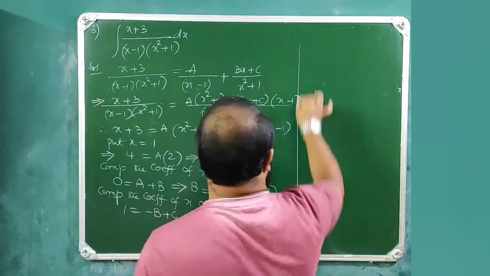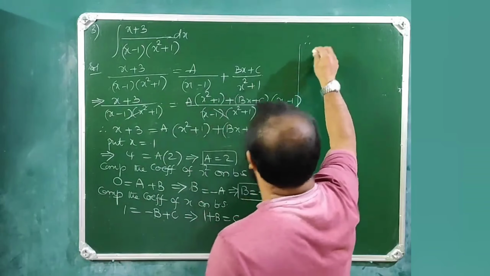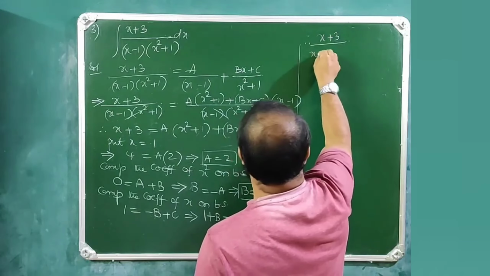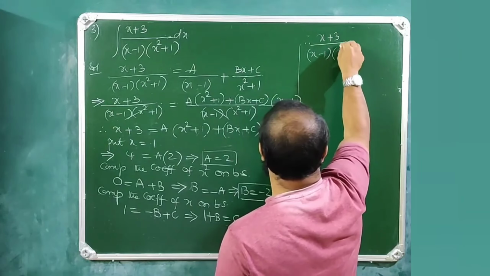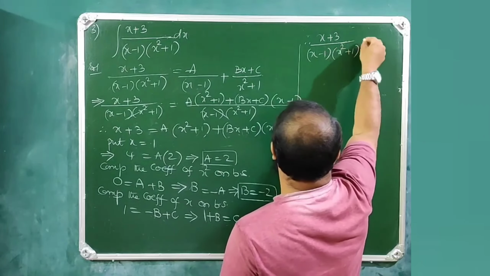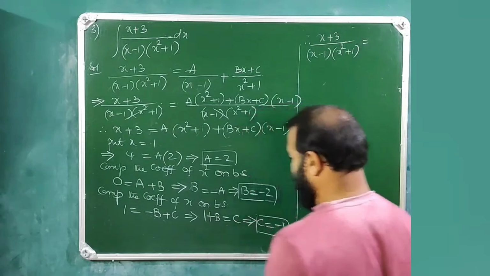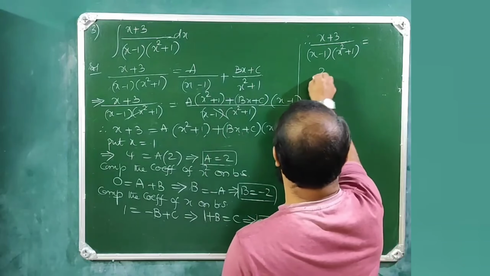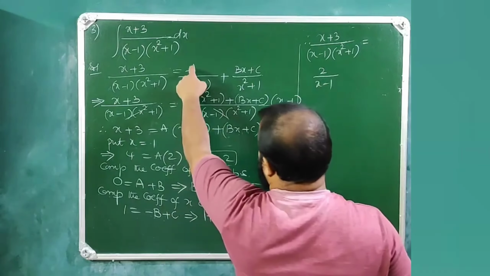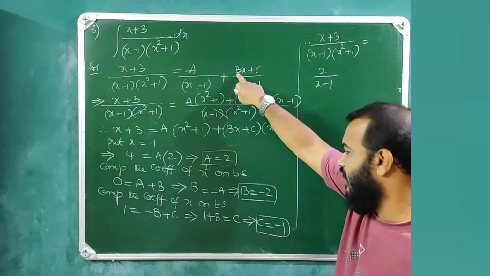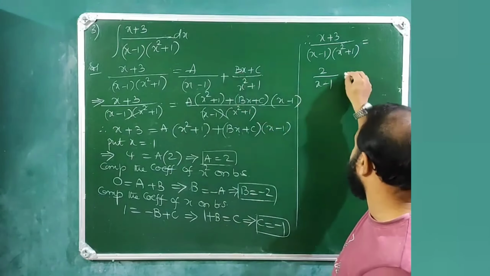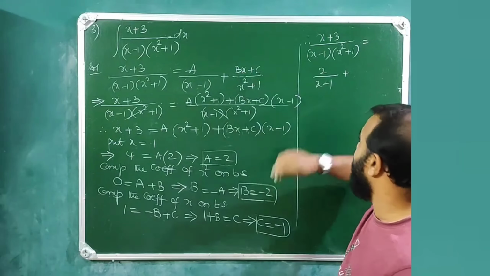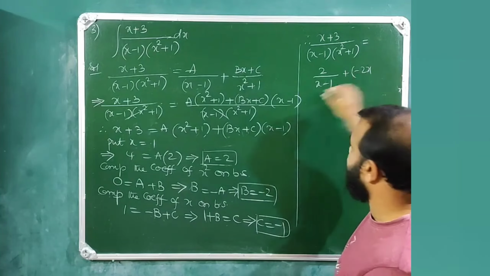Therefore, x plus 3 by x minus 1 into x square plus 1 is equal to, a value is 2, so 2 by x minus 1, plus Bx plus c. B value is minus 2, so minus 2x.